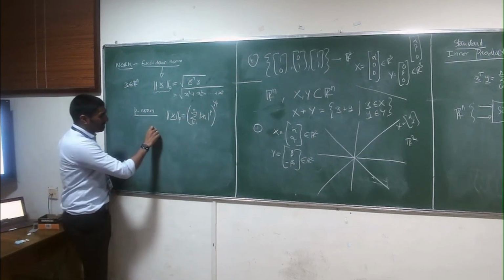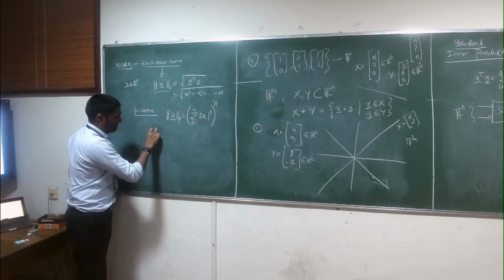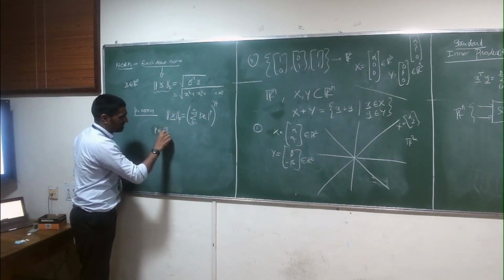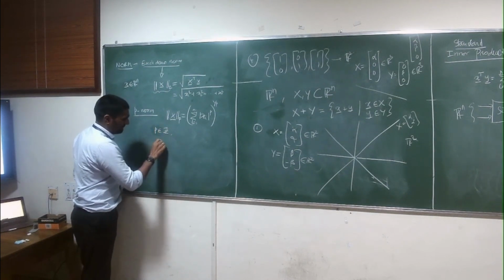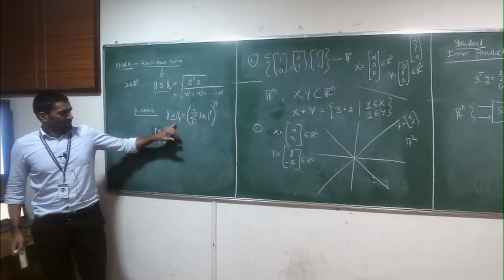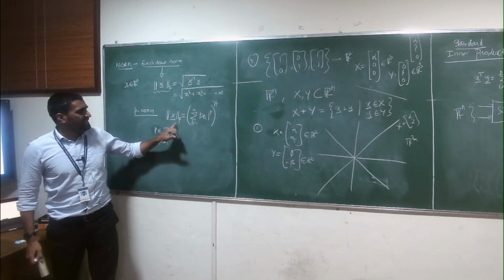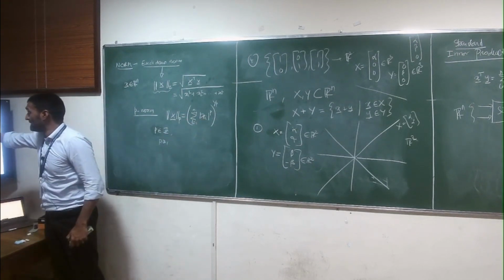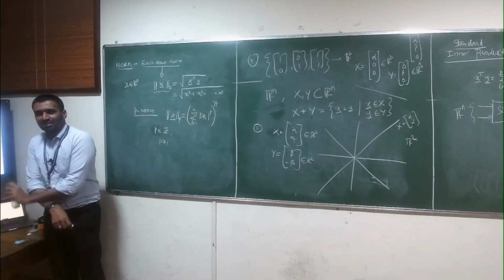Okay? And here P has to be an integer and P is greater than or equal to 1. It turns out any expression like this satisfies all those properties, and they are all valid ways of measuring norms.